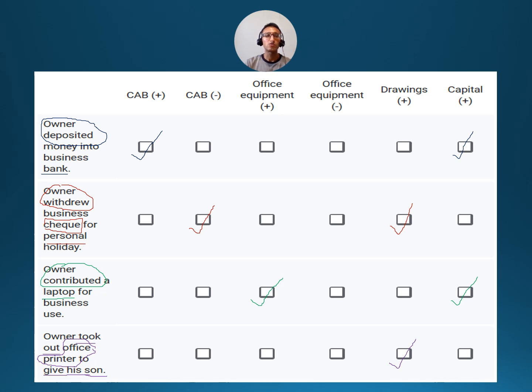When this transaction happens, the business will have less office equipment. Therefore, office equipment will decrease. So again, we have adjusted two accounts and completed our analysis of this transaction. As a recap, there must be at least two accounts affected per transaction.